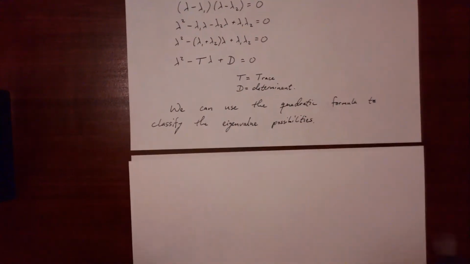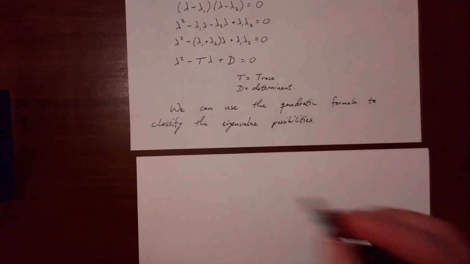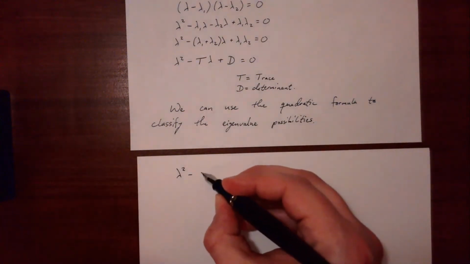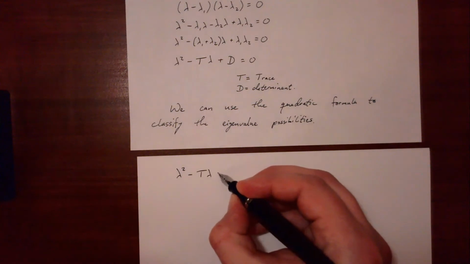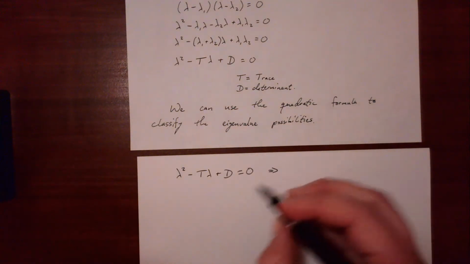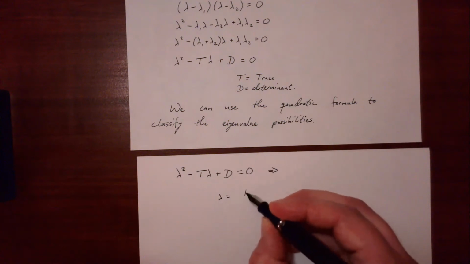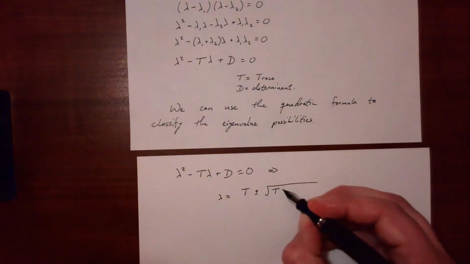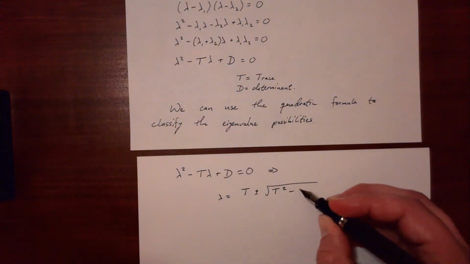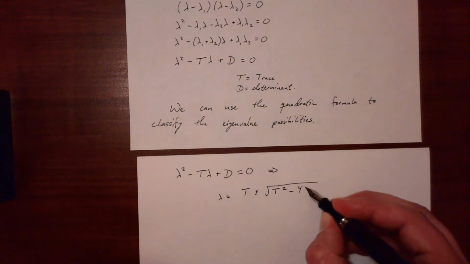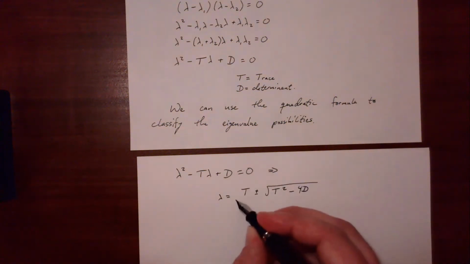So in particular, lambda squared minus t lambda plus d equals 0 implies that lambda is equal to t plus or minus the square root of t squared minus 4ac, which is 1 times d, all divided by 2.